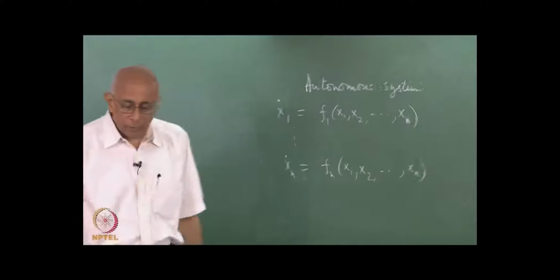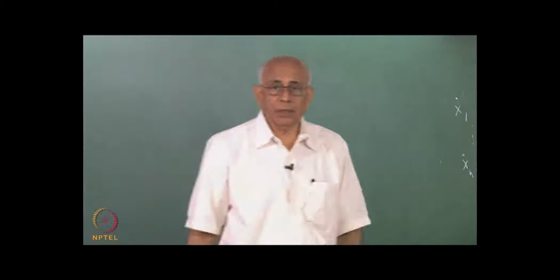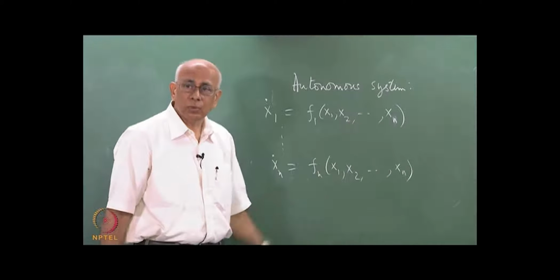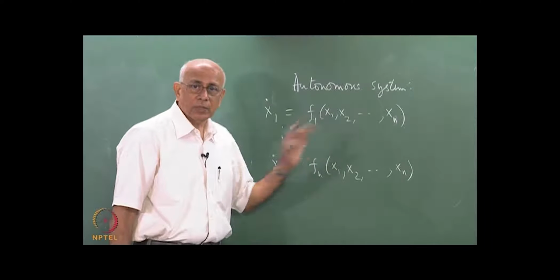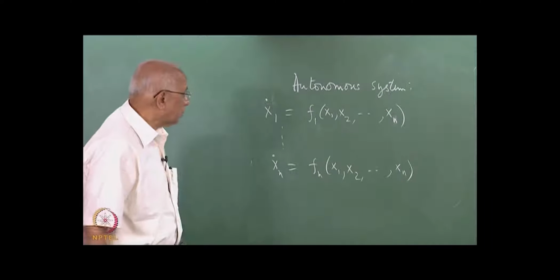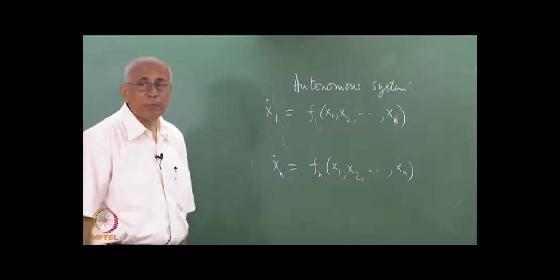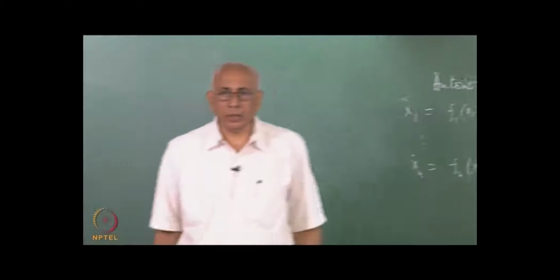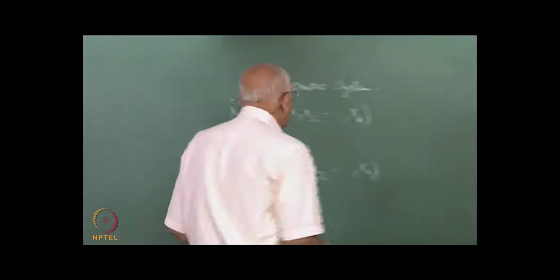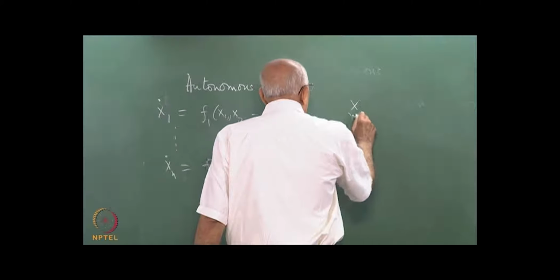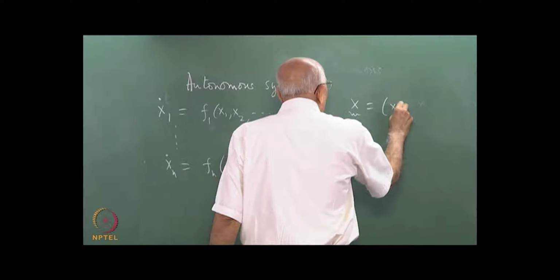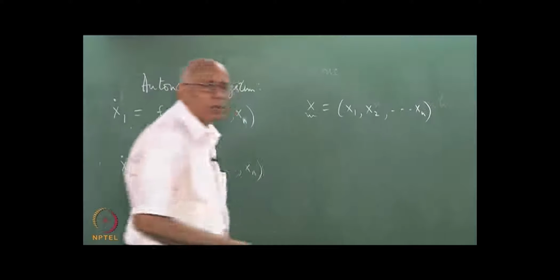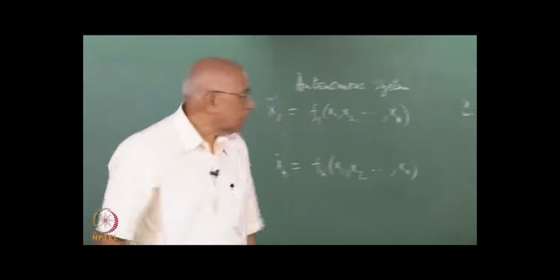On the other hand, we can extract a great deal of information about the system without explicitly writing down a closed form solution for it, and that is what we are going to discuss in a large fraction of this course. What information can we get for this? First, we need a little bit of a compact notation. So, let me define this variable x to be x1, x2, an n dimensional column vector if you like, which has these components.